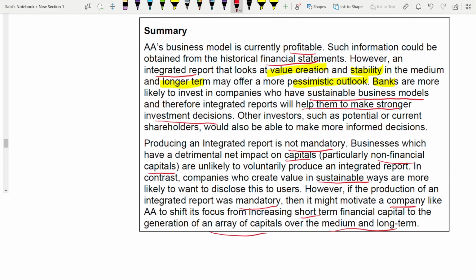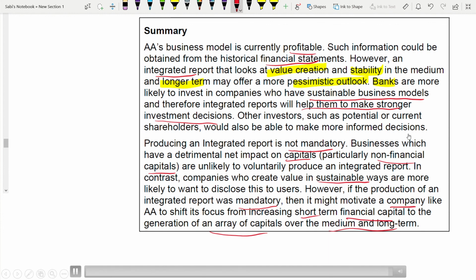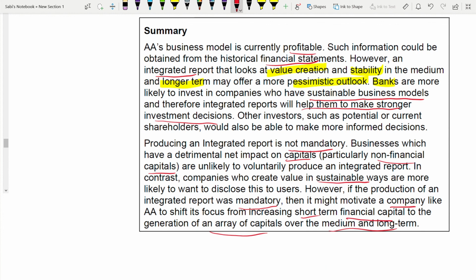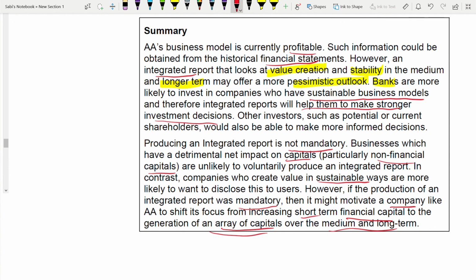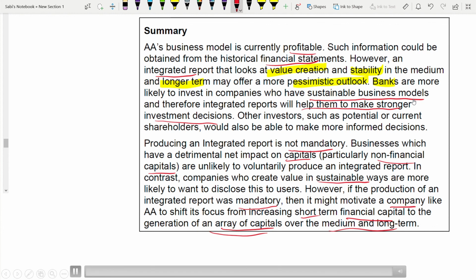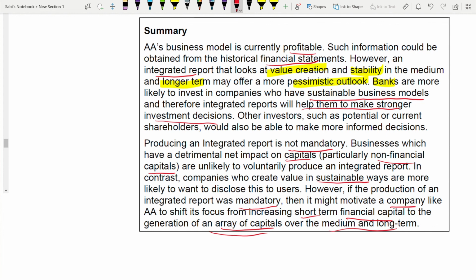Now they are focusing on just short-term financial capital, only one capital. If they change to integrated reporting, they will see an array of capitals. That means all the six capitals, they will consider the impact over the medium and long term. So overall, yes, integrated reporting is useful because of these issues. So that's it for integrated reporting.